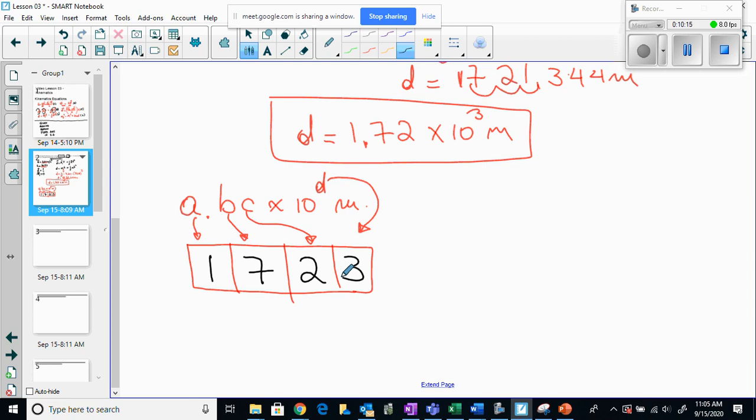Okay, so when you see an expression A dot BC times 10 to the power of D, sometimes you will see a negative D. That means you have to put those digits A, B, C, and D in those 4 boxes. Do you remember what I said when we were talking about significant digits, at the very first class that we had together?